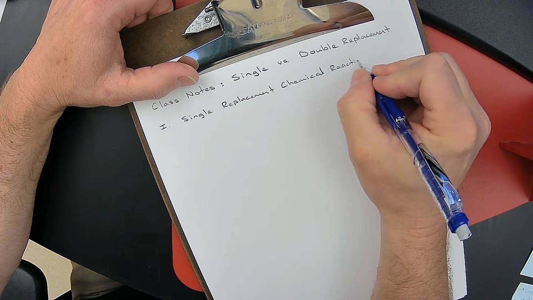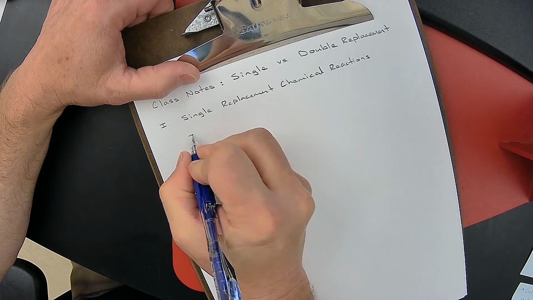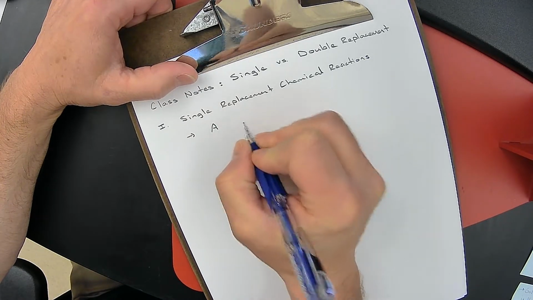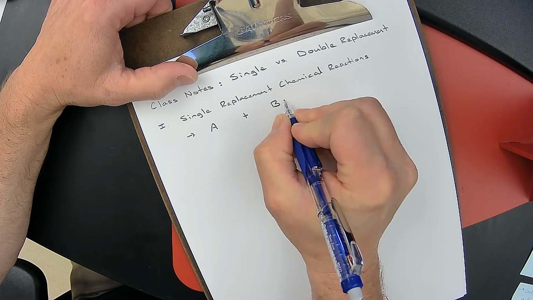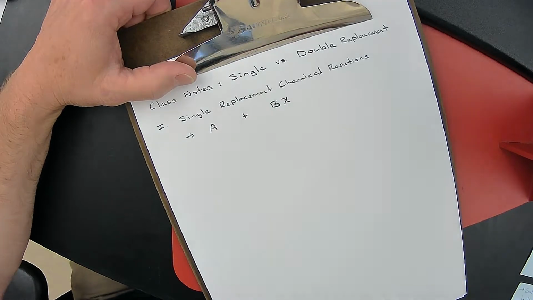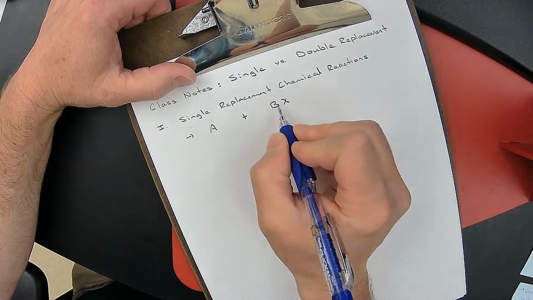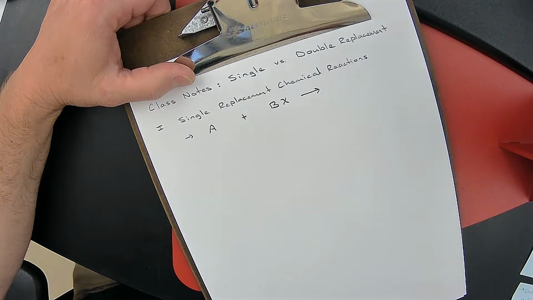And the pattern is we are going to have some substance A by itself, and we're going to be reacting it with some compound. I think the book uses the letters B and X. So some two atom compound, two different elements, I should say.